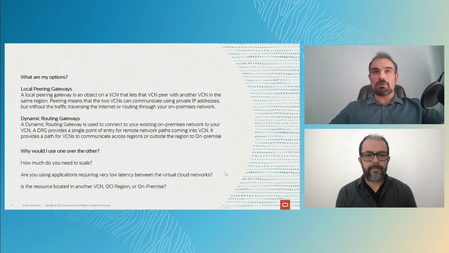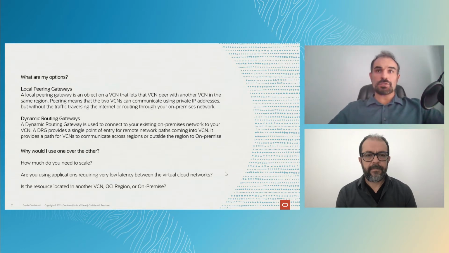With an LPG, it's very basic. You have multiple different private networks, and you want to have connectivity between those. Lower scale deployments, low latency requirements, and that solution works great. You can have connectivity between those two private networks.